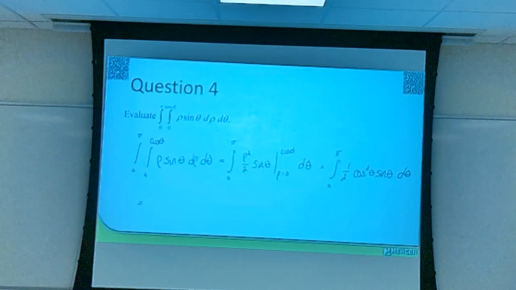Change of variable, just simple u-sub for this one. Let u be cosine. What's du? Negative sine. I have positive sine, so I'm just going to multiply by negative. Now it's like u squared, which is u cubed over 3 times a half, 1/6 cosine cubed theta from 0 to pi.